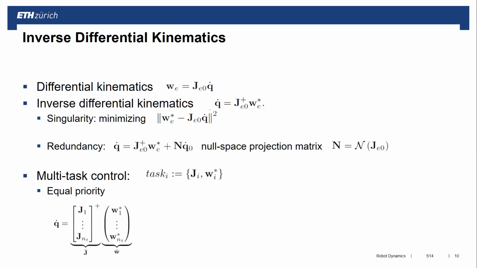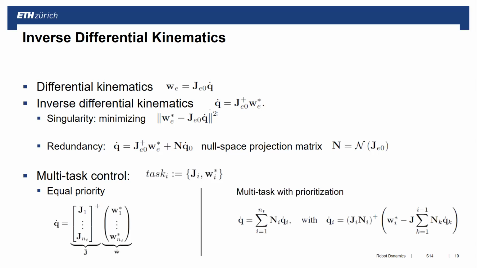That means that we are trying to fulfill all these tasks as well as possible, but with equal opportunity, with the equal priority. So we are minimizing the error such that J times q dot minus this one is minimal. So if I cannot fulfill these tasks, I will equally violate the individual tasks.